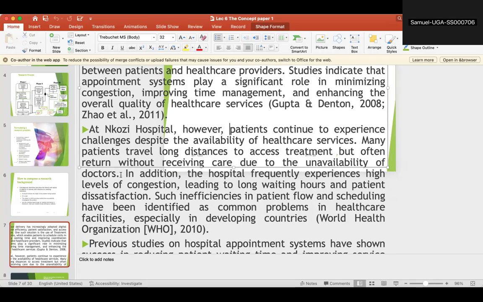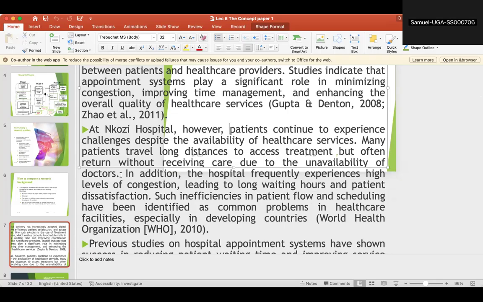In addition, the hospital frequently experiences high levels of congestion, long waiting hours, and low patient satisfaction. So meaning that, okay, people come, they bounce. The doctors are not there. So people become frustrated. There is less customer satisfaction.